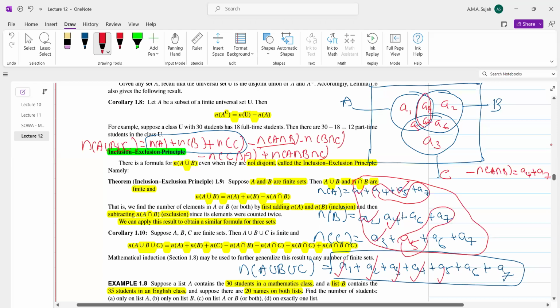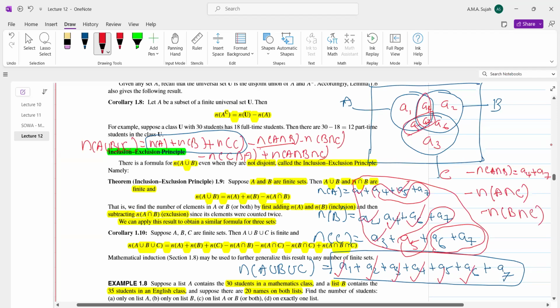That is A5 and A7 together, I can say that is the subtraction of A intersection C. Similarly, I need only one A6. Now I keep this one. Just I can subtract this one, right? So this A6 plus A7 is the subtraction of B intersection C, right?